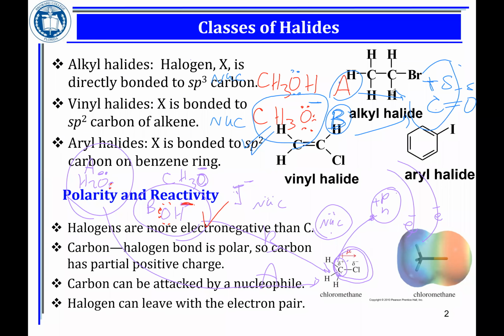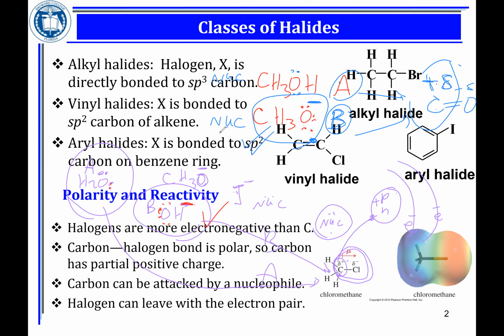It is willing to share a pair of electrons with something that has a positive or partially positive charge. The more negative charge or higher electron density on the nucleophile, the stronger the nucleophile.